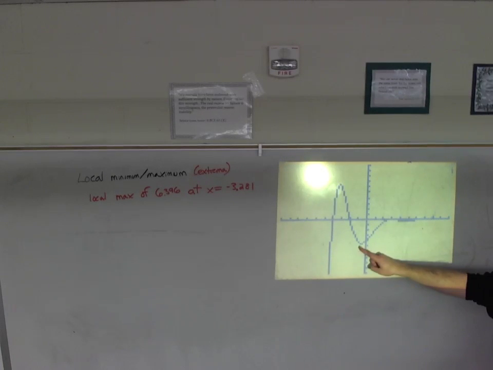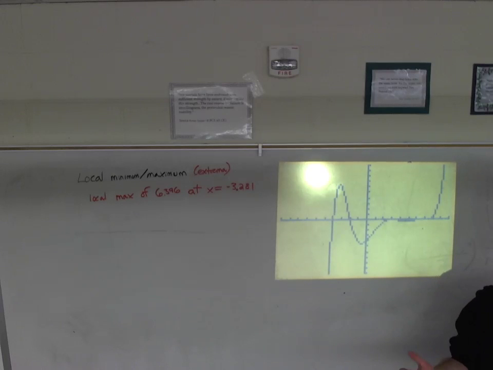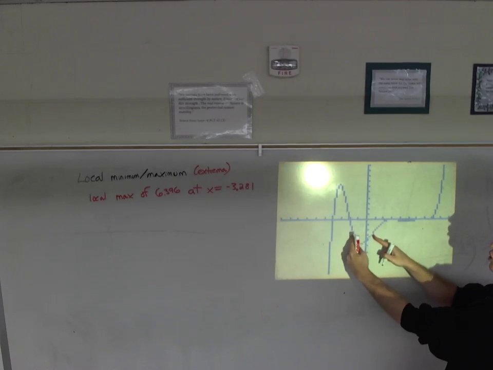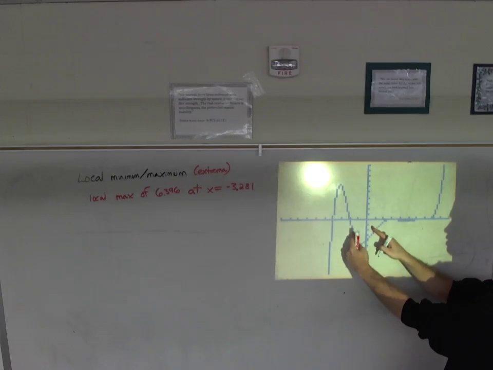I mean, it's not even as low as this. And this thing, is this the all-time minimum? No, it keeps going down to infinity. Is there any all-time minimum for this polynomial? Could there be for some of them? Yeah. Some of them that go like this, they'd probably have a bottom, wouldn't they? So all local means is it's a minimum, but only in that neighborhood.